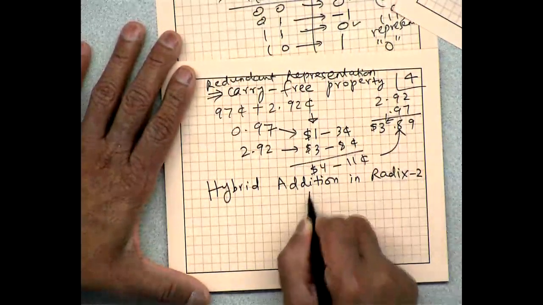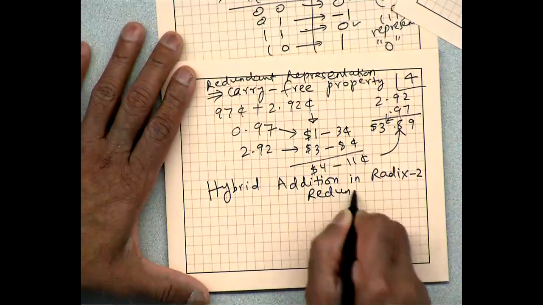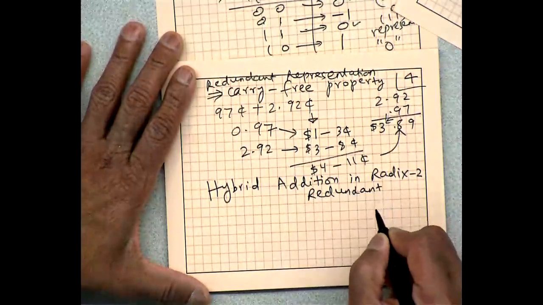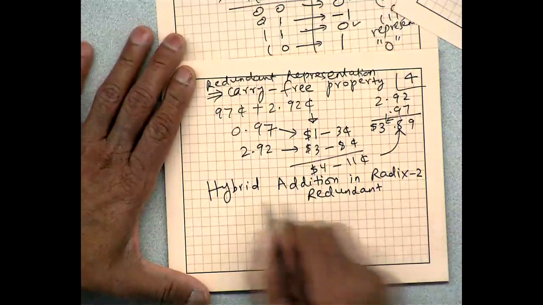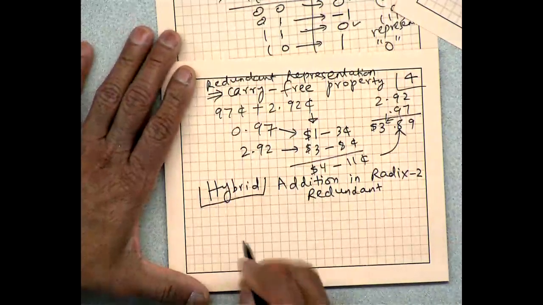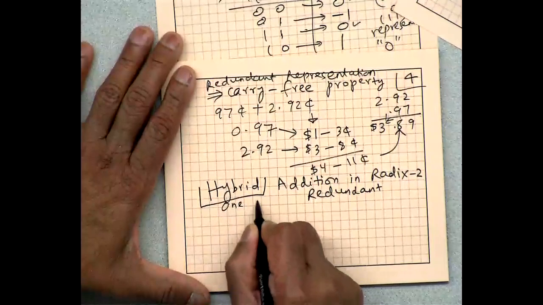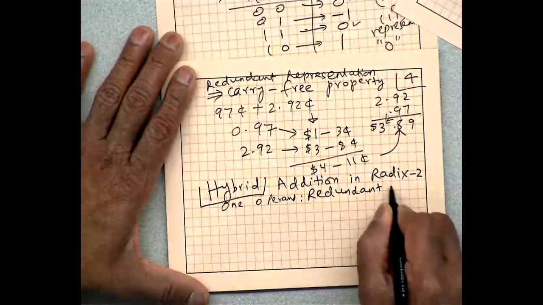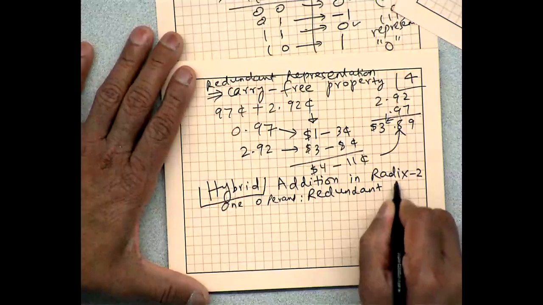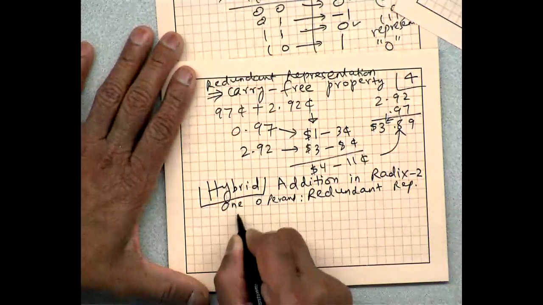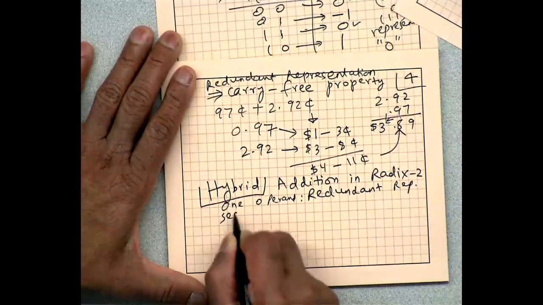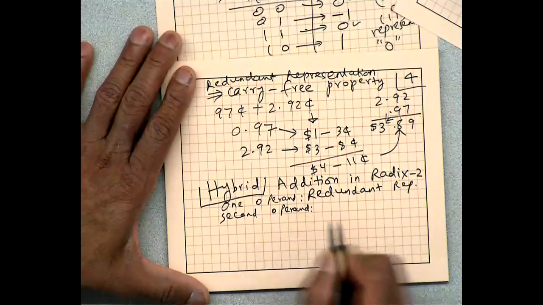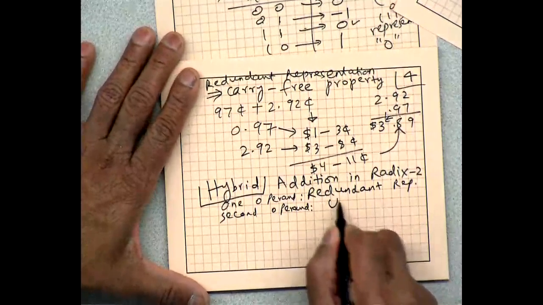Well, it turns out that the word hybrid means one operand is in the redundant radix 2 representation and the other, second operand, is in unsigned representation.